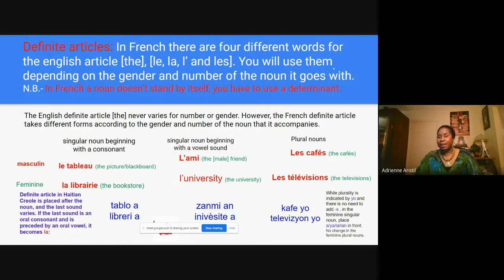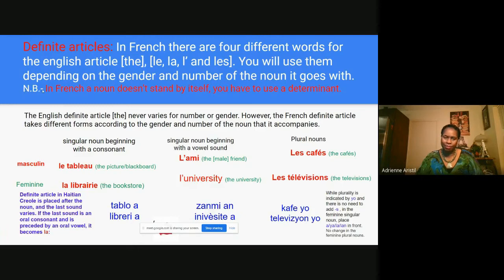You will use them depending on the gender and number of the noun it goes with. I agree, they always say French is difficult. Yeah, for one definite article, for one word, in English, you have to know 4 different words.